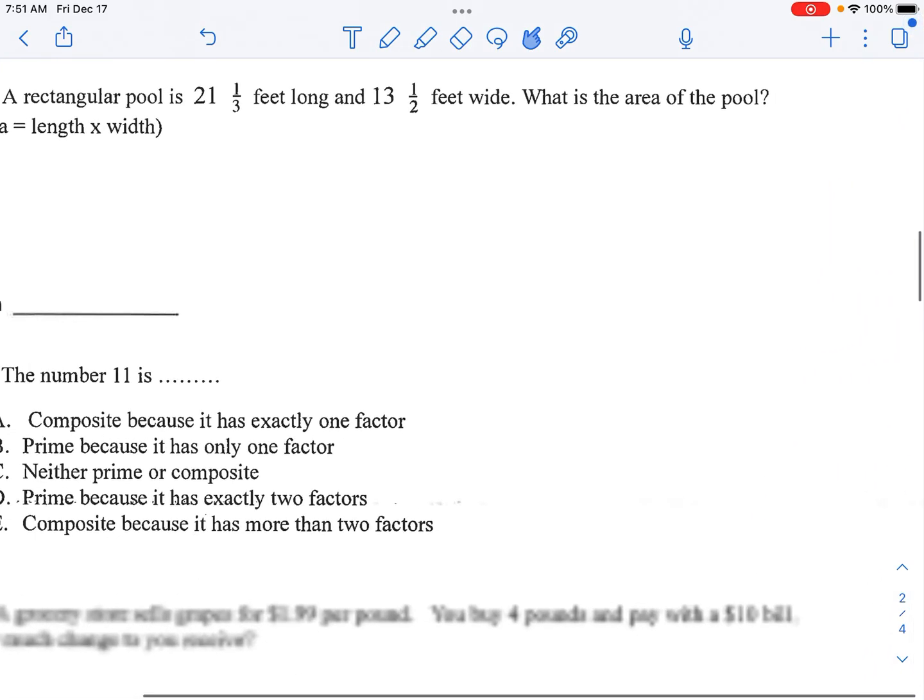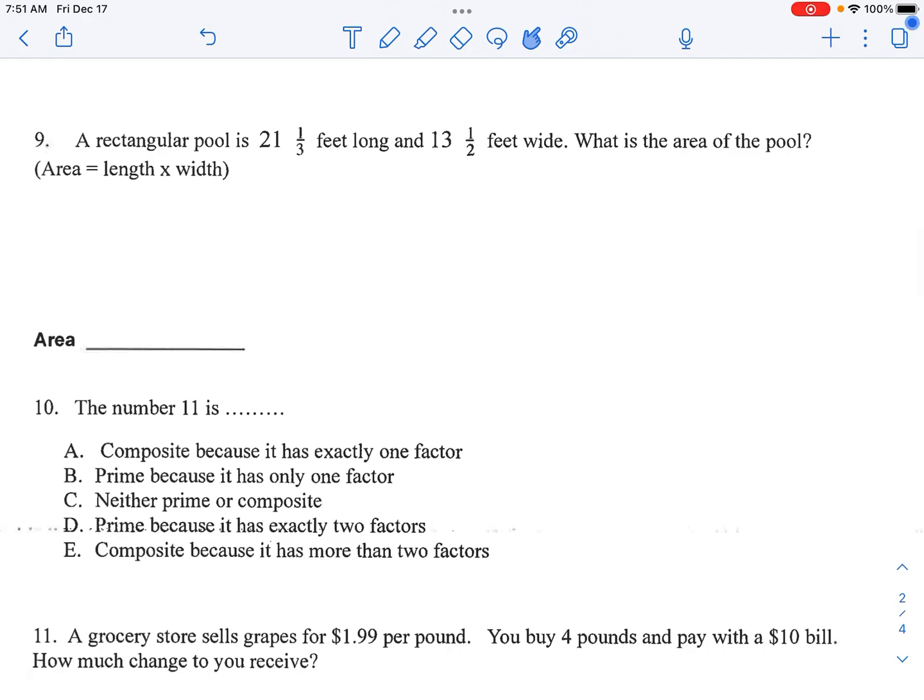Next page. A rectangular pool is 21 1/3 feet long and 13 1/2 feet wide. What is the area of the pool? It's rectangular.